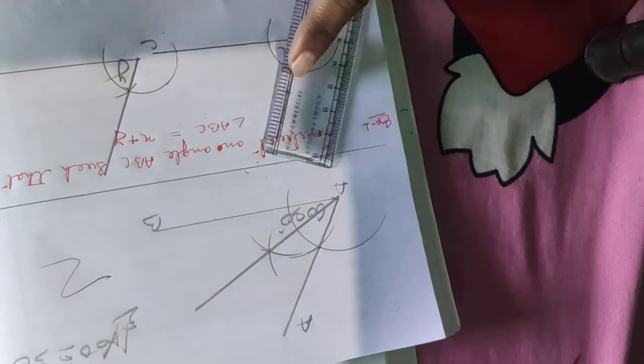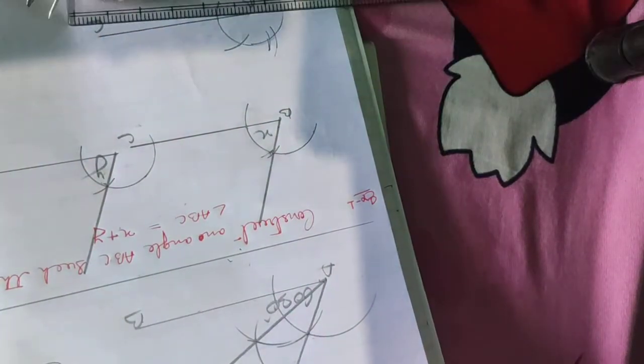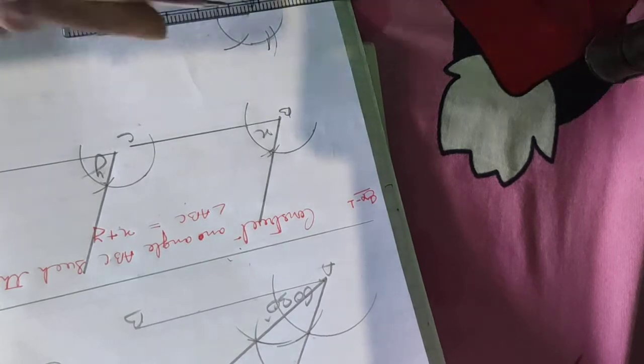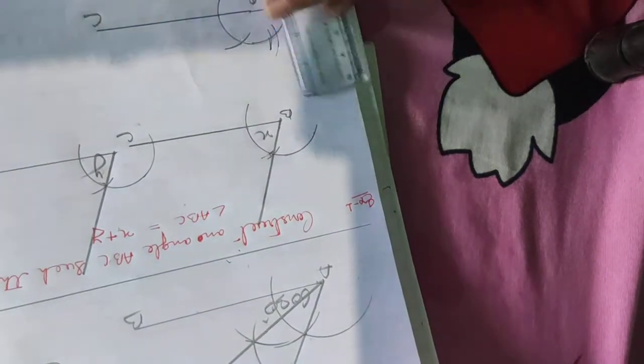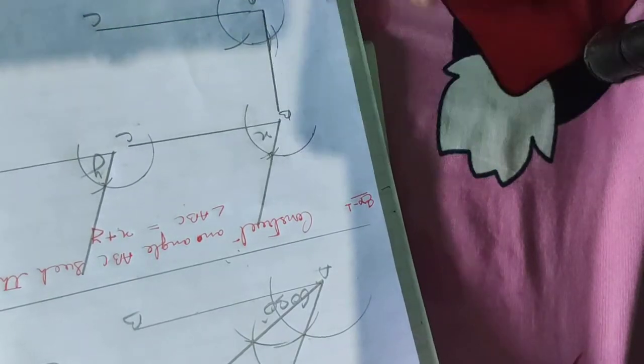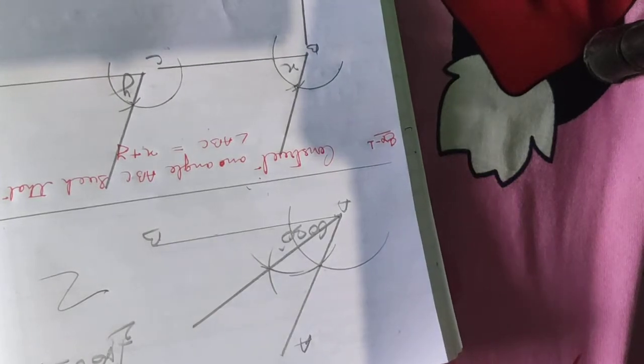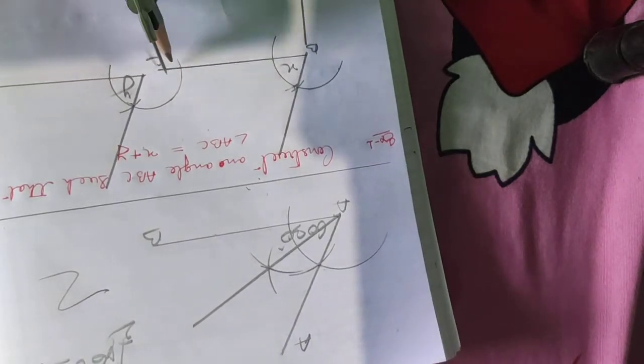So from this point center B, cut DE equal to PQ.